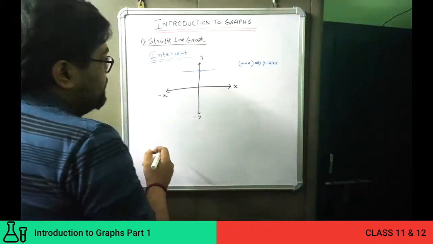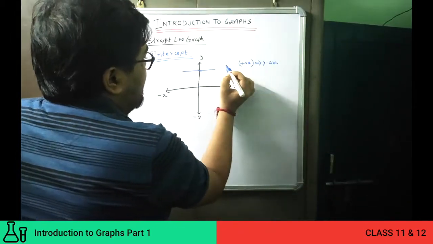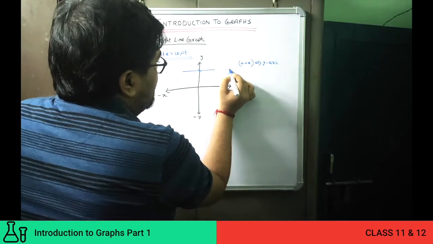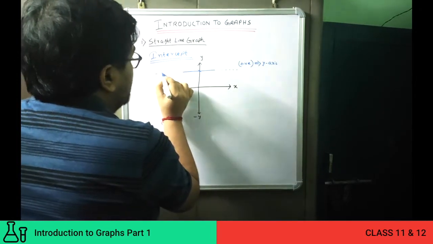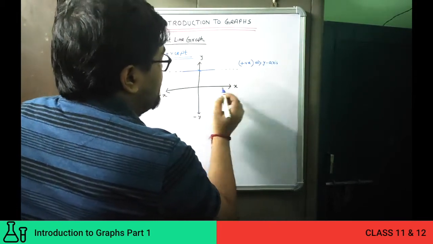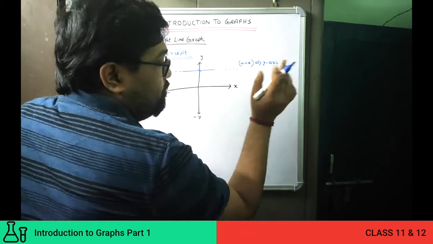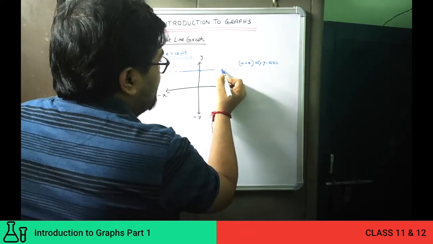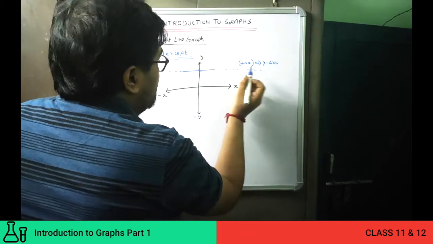How to find out? See that this line is extending towards these two directions. That means it will never intersect the x-axis at any point of time. It will extend like this.